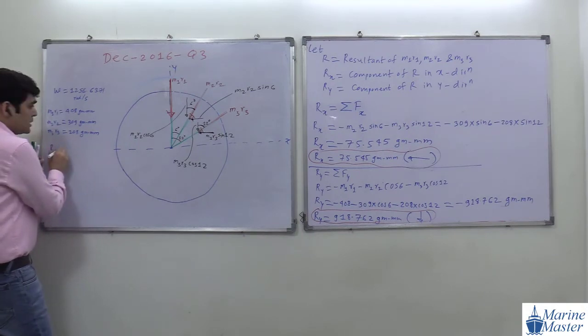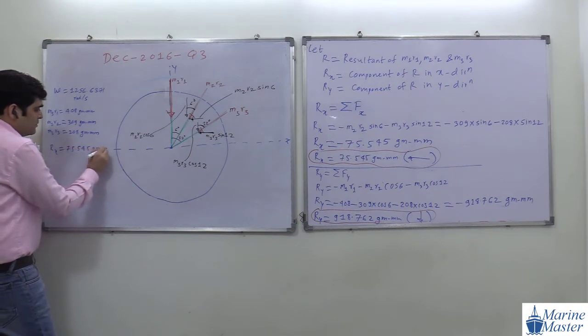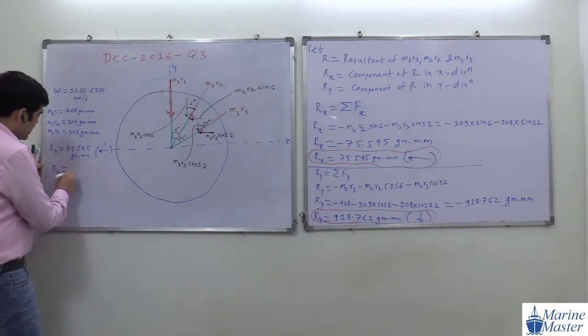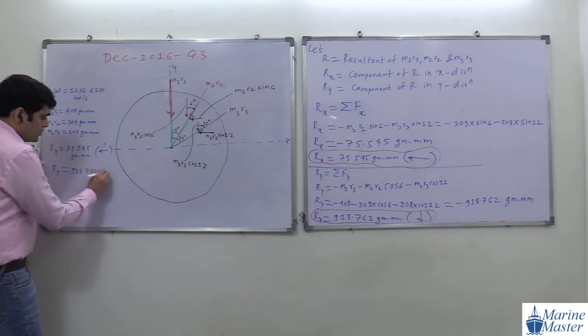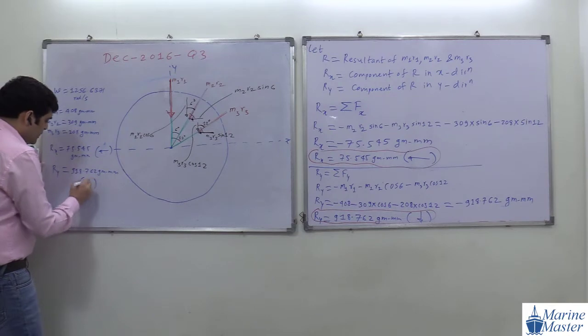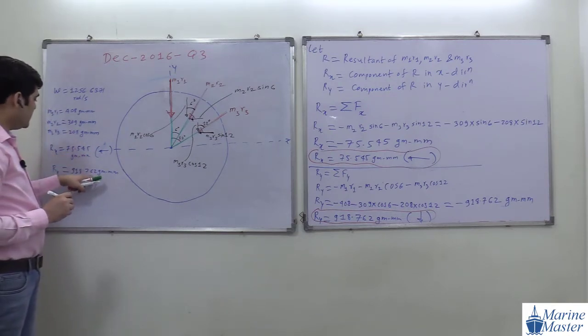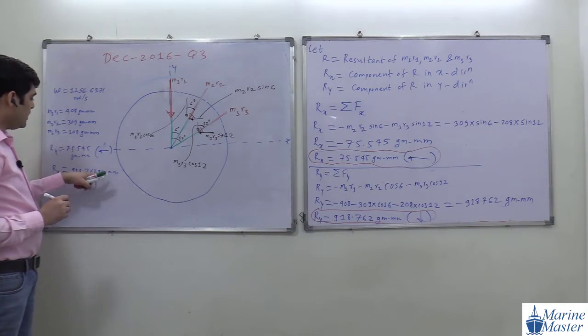Rx is 75.545 gram mm, towards left. Ry is 918.762 gram mm, downward. Okay.